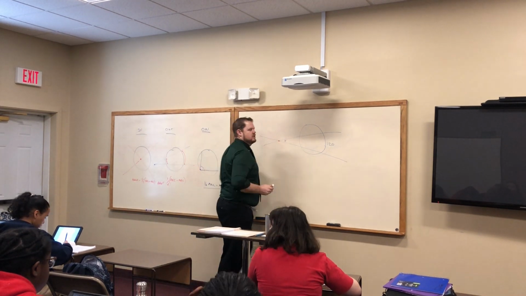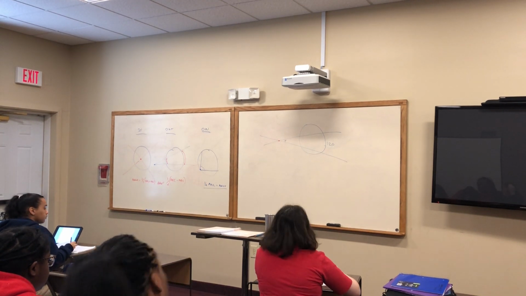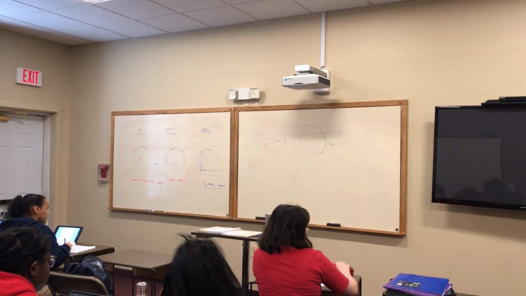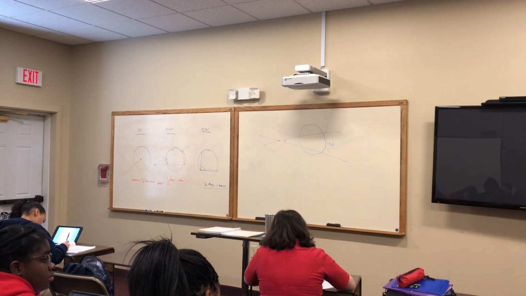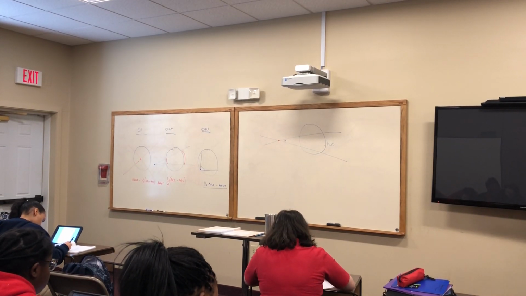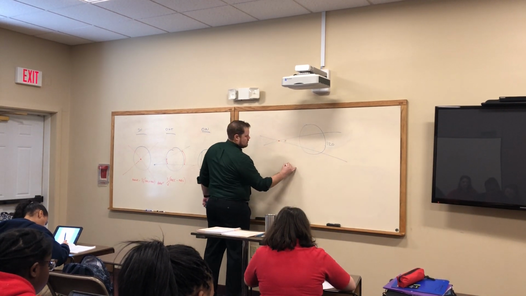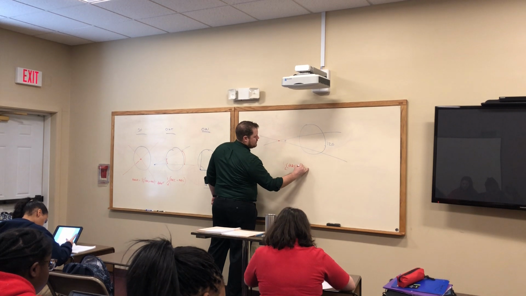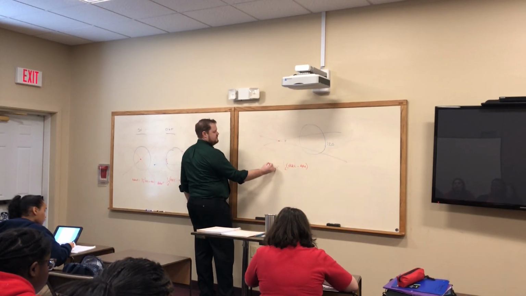So which equation am I going to use? Arc minus arc, right? I'm going to use the subtraction one. Okay, so 1/2 arc minus arc equals my angle, which is 15, right?